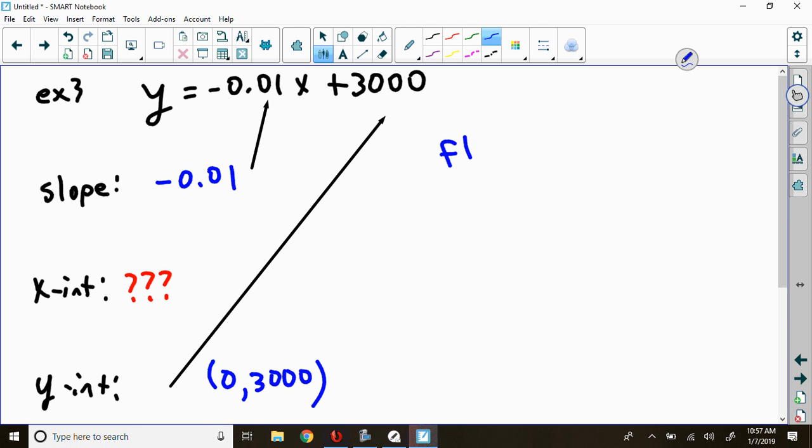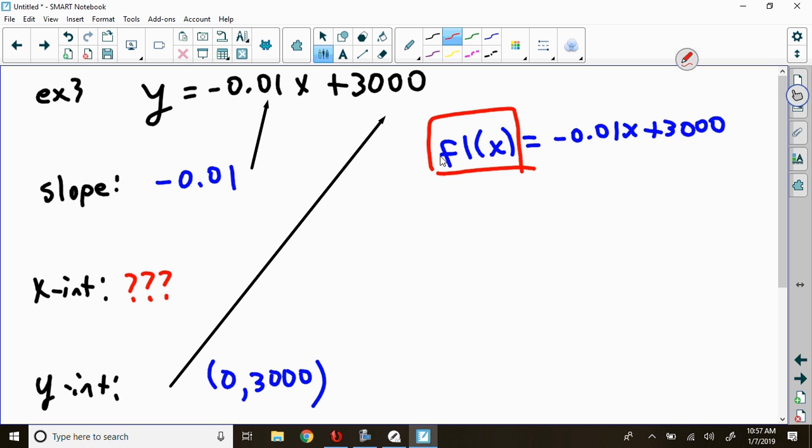We've got f1 of x equals negative 0.01x plus 3,000. We want to know the value of x when y is 0. This is kind of like our y. You could do some algebra and say 0 equals negative 0.01x plus 3,000 and solve that.